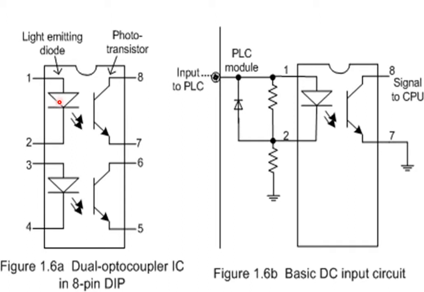It will not get transferred to this point. So 1 and 2 are galvanically isolated from pins number 7 and 8. They are not connected in any form. There is no common ground between the input and output. So a spike has no chance to move from this section to this output section.